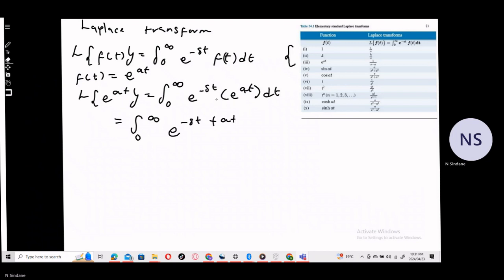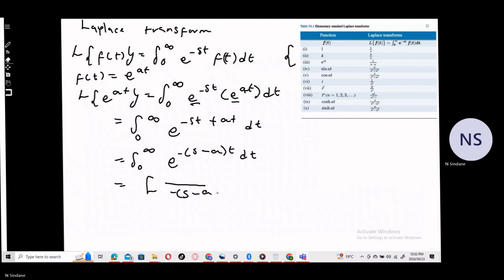This is equivalent to the integral from 0 to infinity of e to the power minus st plus at. Because the bases are the same, you can just add the exponents. Then this will be the integral from 0 to infinity of e to the power minus, taking out a common factor of negative, we have s minus a, close bracket t, dt.